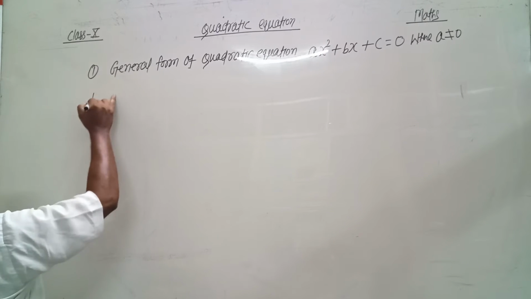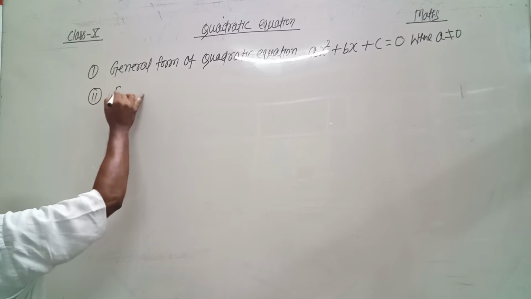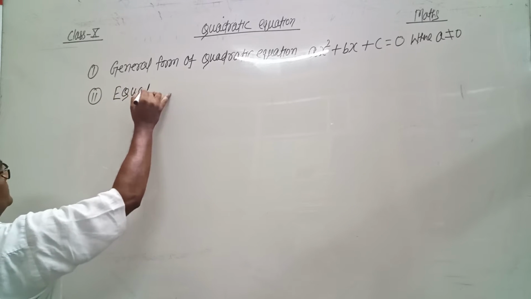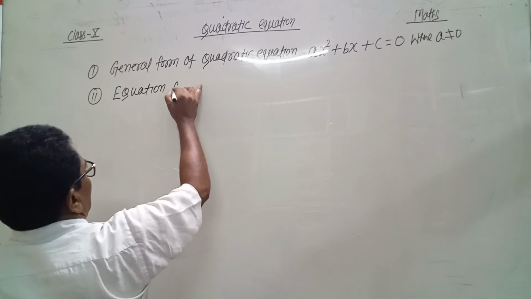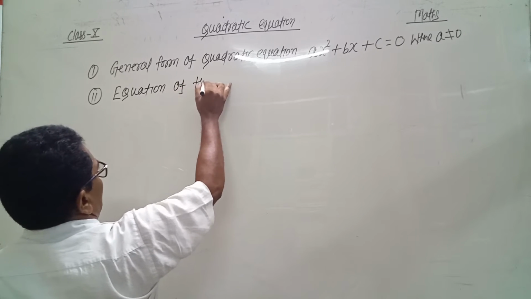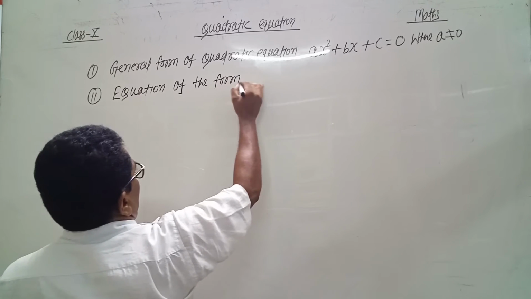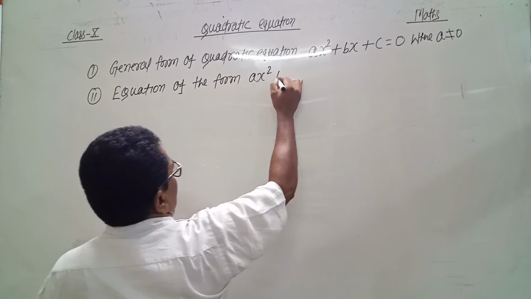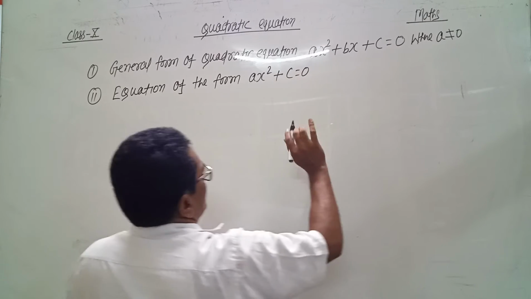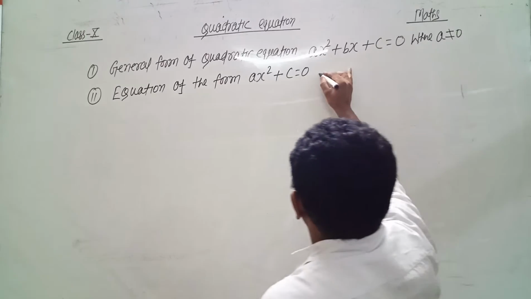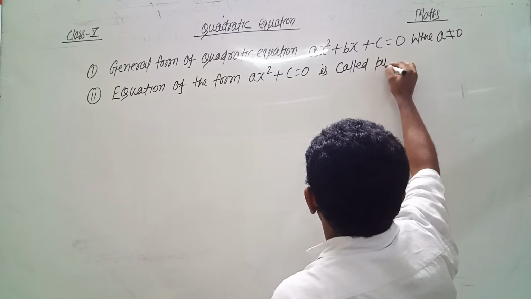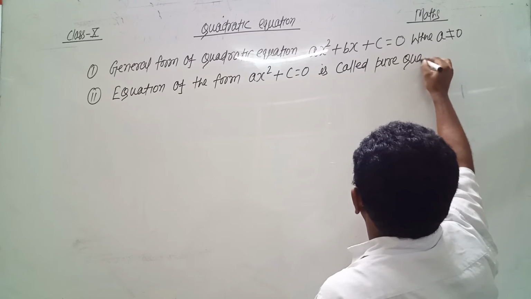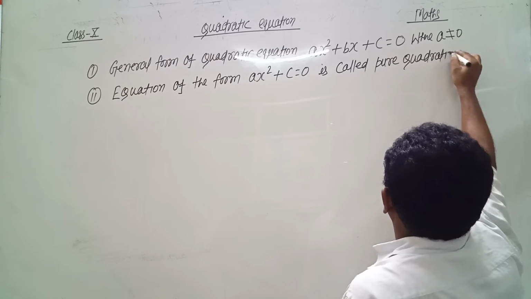Equation of the form ax square plus c equals to 0 is called pure quadratic equation.